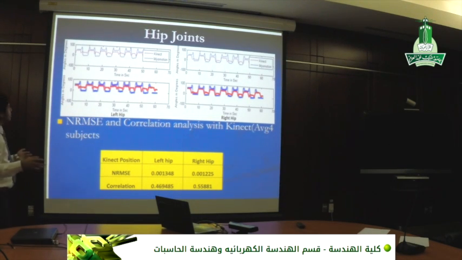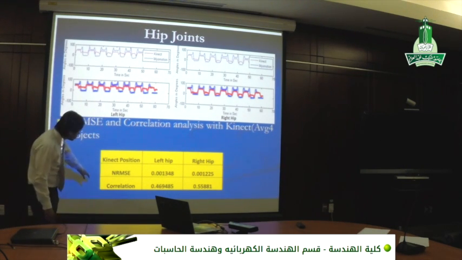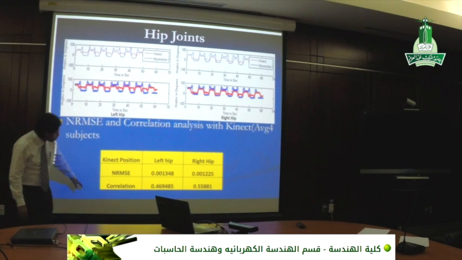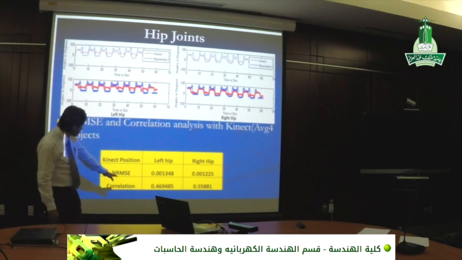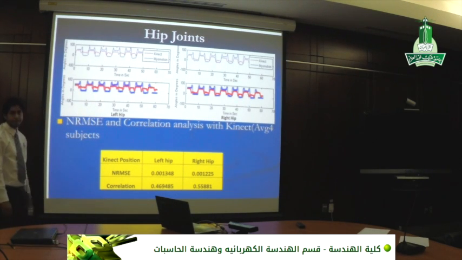But using the Kinect for the hip motion, we were expecting some kind of deviation. The correlation was not good enough for the hip joint. The correlation values for the hip were around 0.5, and the errors were high.